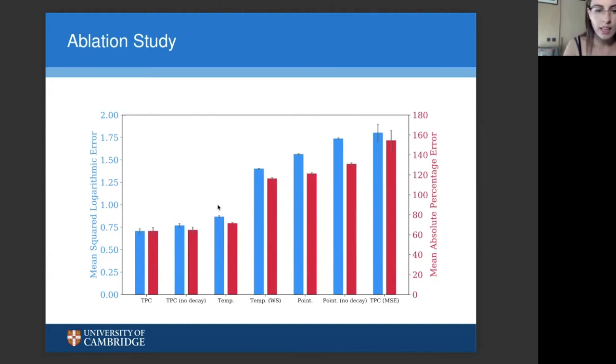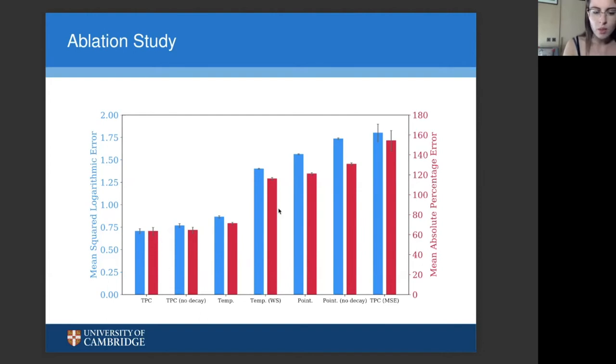So we take out the pointwise or inter-feature relationships element, and we find that the performance is still quite strong just by taking the trends. So it seems like the trends is very important to the model's success, because even with just the trends, it still does quite well. So I think it does about 10 to 15% worse than the TPC on its own.